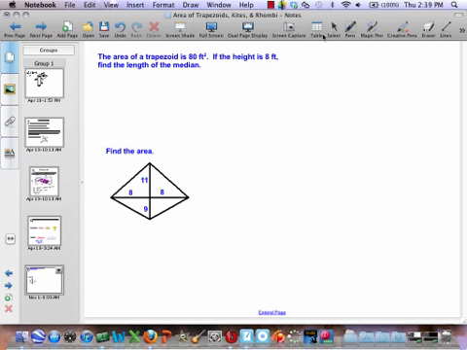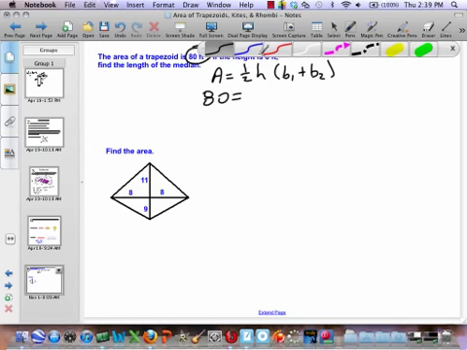Half height times base plus base 2. And in our problem here, the area is 80 feet squared. So 80 equals. Now, remember we told you on the previous slide, if I take the half of base 1 plus base 2, what does that actually equal? The median. That equals the median.